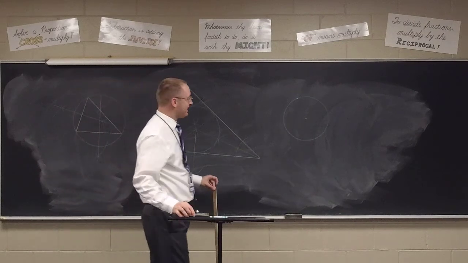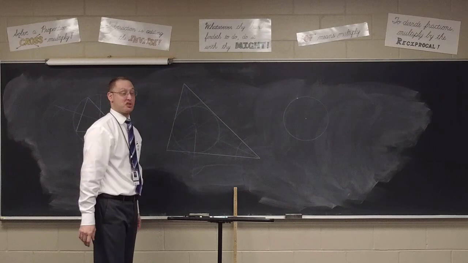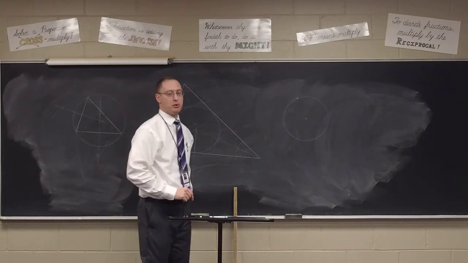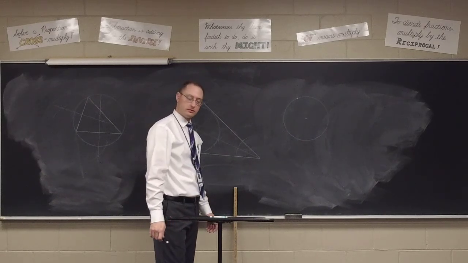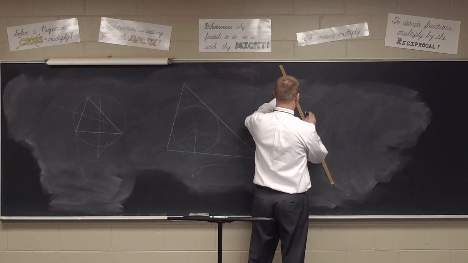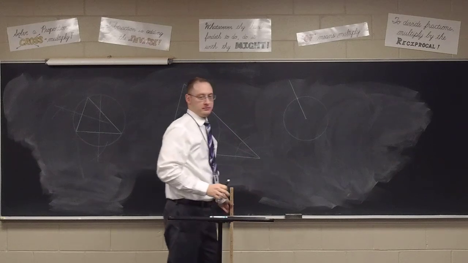No, not typically. All right, so we want to construct a tangent at this point. How many tangents can we draw at the point, class? One. Just one. So we want the tangent at a point. And Audrey, what do we do? Draw a radius, but extend it through the point. And then what?